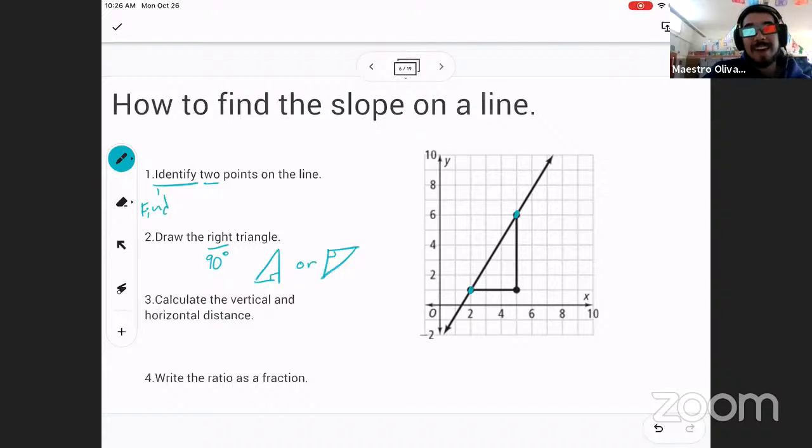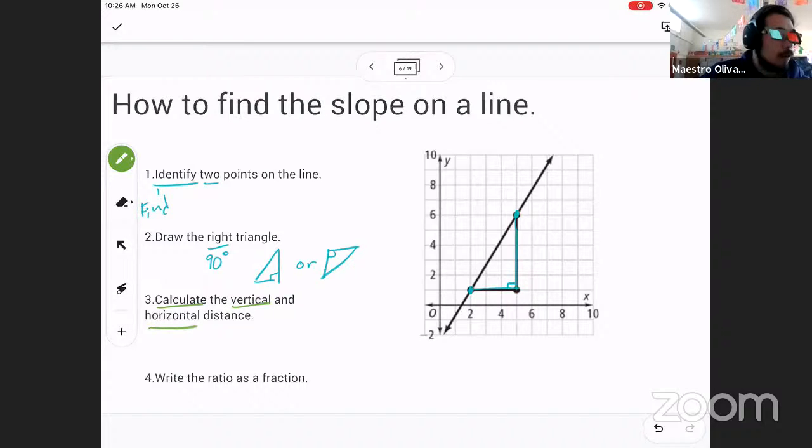This example already has a right triangle drawn for you, okay? There's my right triangle. My third step is calculate the vertical and horizontal distance.